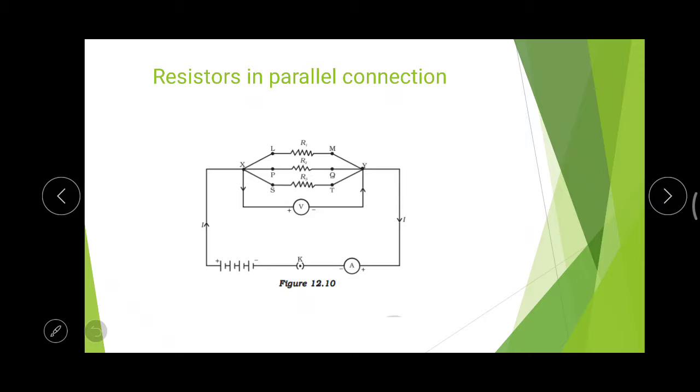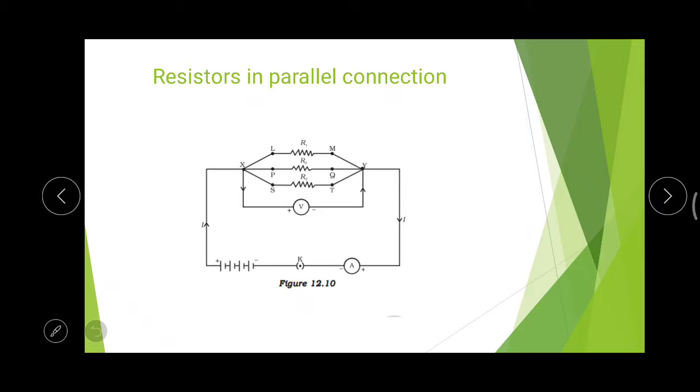Regarding the potential and the current value in parallel combination, the potential drop across each resistor will be the same, because the three resistors are connected parallelly.